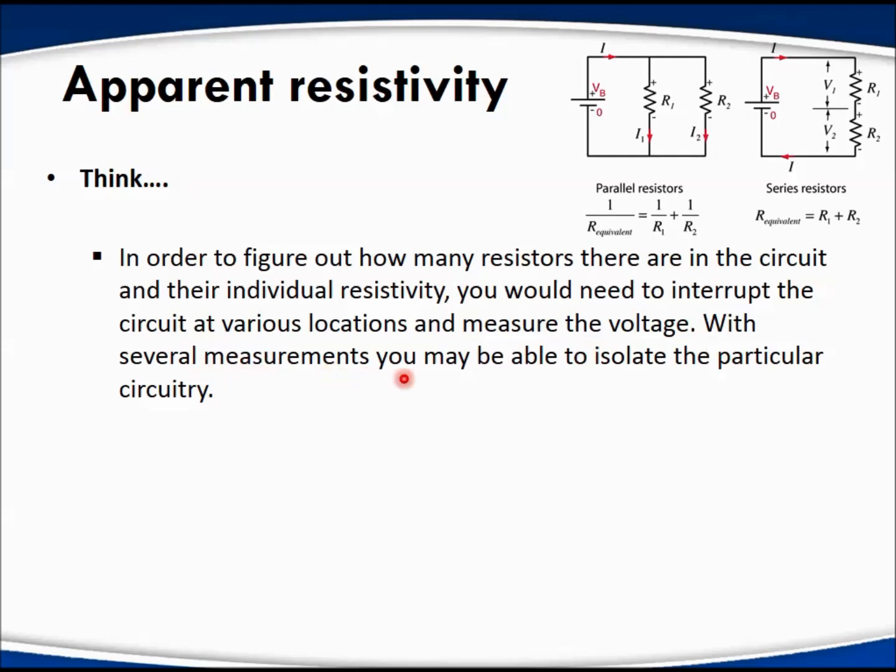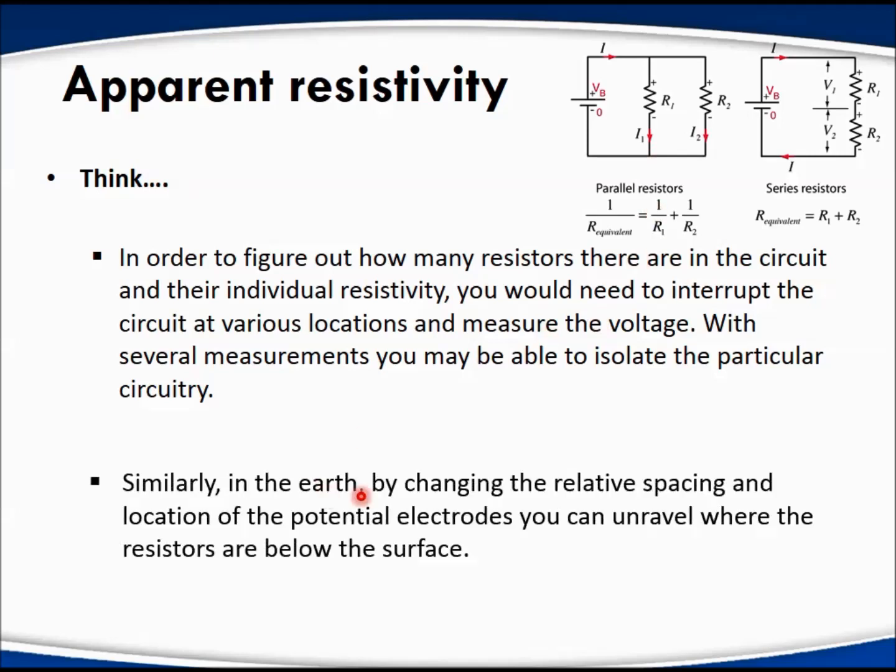With several measurements, you may be able to isolate the particular circuitry. Similarly, in the earth, by changing the relative spacing and location of the potential electrode, you can unravel where the resistors are below the subsurface.